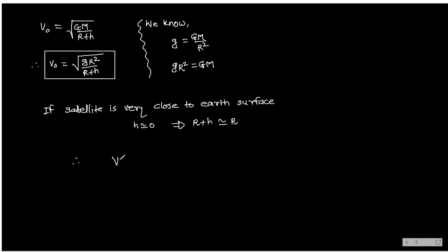And now you are getting orbital speed v0 is equal to under root of gR square divided by R, since R plus h is nearly equal to R. So one R cancels with this square, and you get orbital speed is equal to under root gR. And we have to use this formula when the satellite is moving very close to the Earth's surface. Understood? So note down.